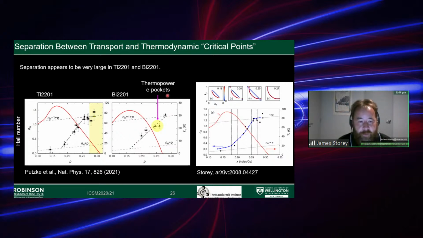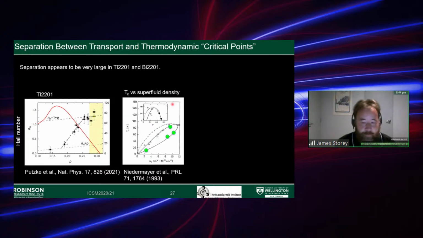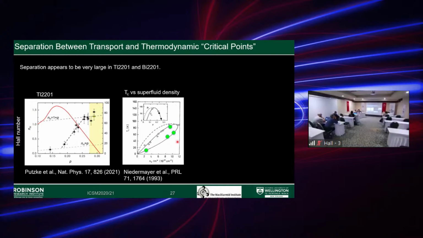It would obviously be good for thermopower measurements to be repeated on crystals. I think I've got 2 minutes or so. So let's just look at some other properties. Here is the superfluid density measured by μSR at 0 temperature. We could plot that on here.